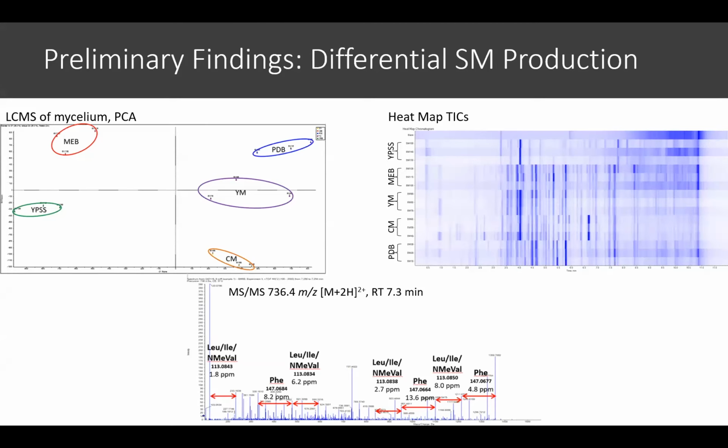So for this particular example, there are fragments that show that there are peptide or amino acid residues, showing that we have compounds that are peptidic in nature, which is expected based on that abundance of NRPS genes that we saw from the genomic predictions.